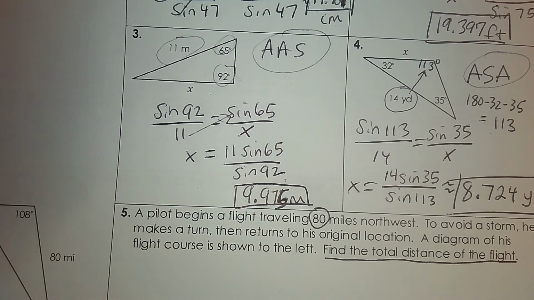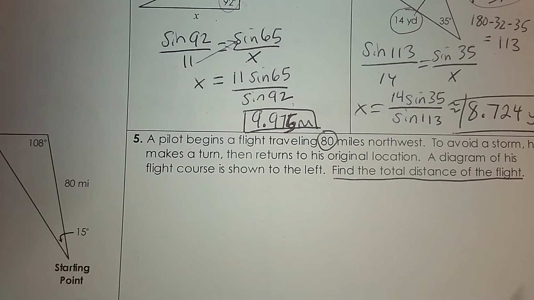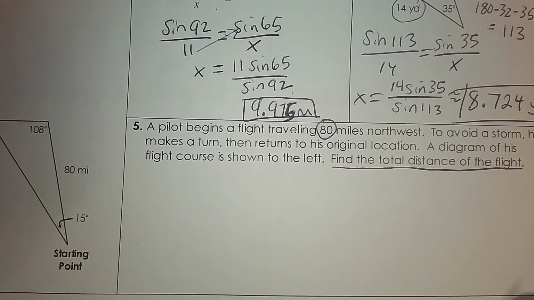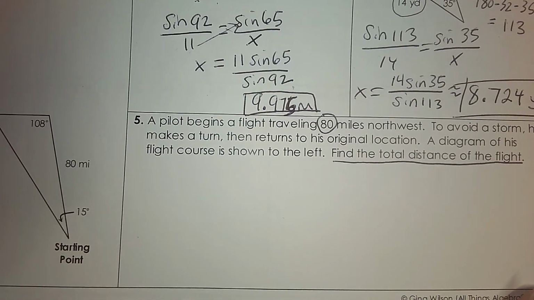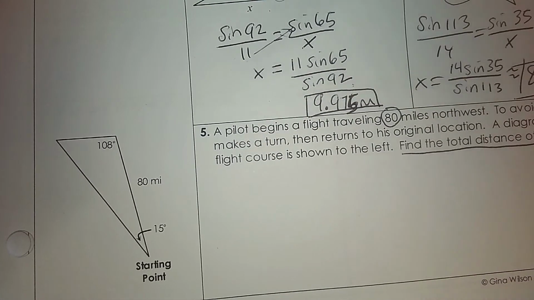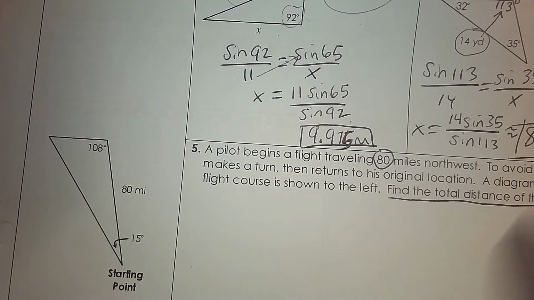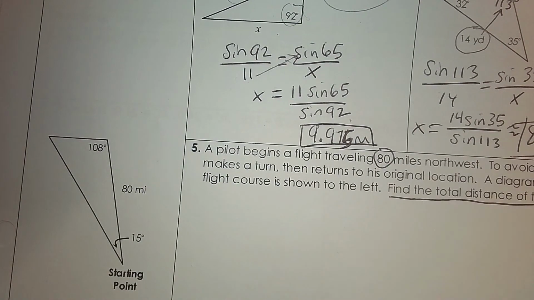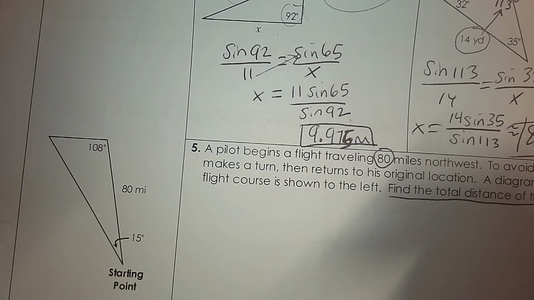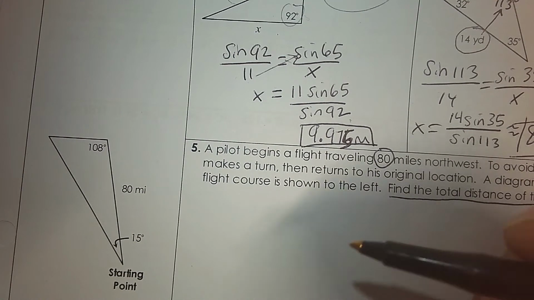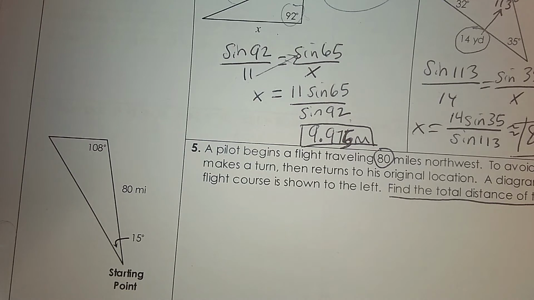So, in this situation, a pilot is avoiding a storm, but then returning to the original location. And what's the total distance of the flight? So, what we need to do is, we need to know all the sides of the triangle, and then add them all up to know the total distance.